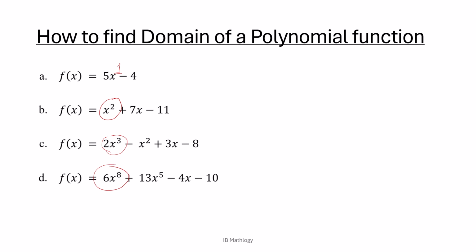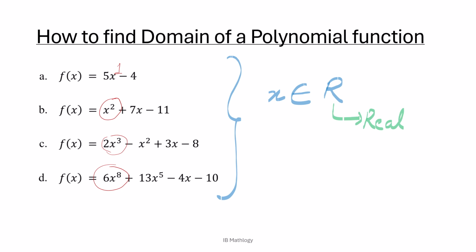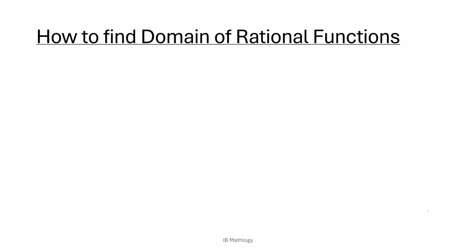What is important to note here is that for all polynomial functions, x belongs to R. R stands for real numbers. Because they are all real functions, we can put any value of x in these polynomial functions.